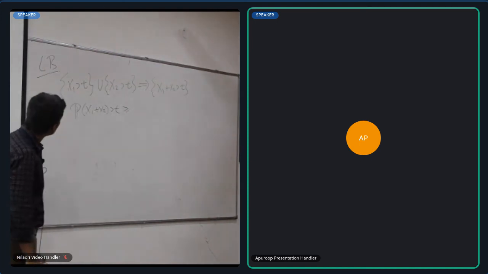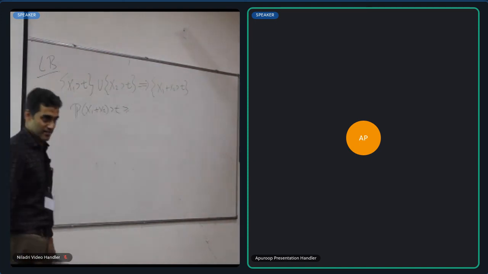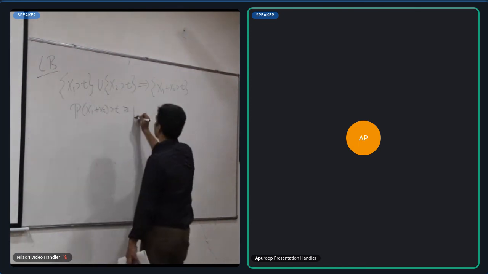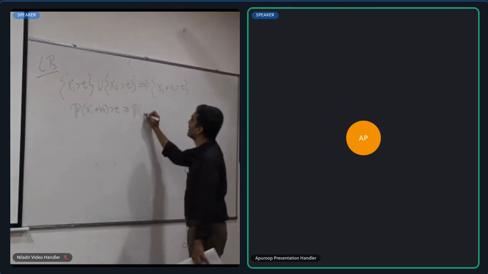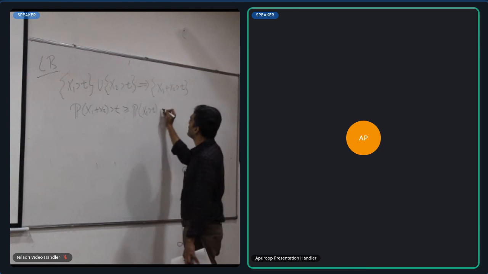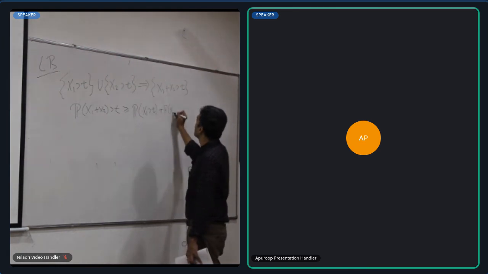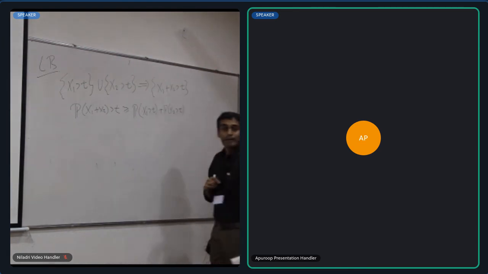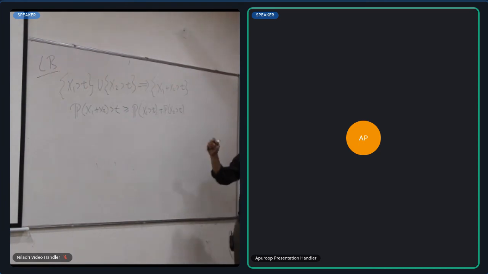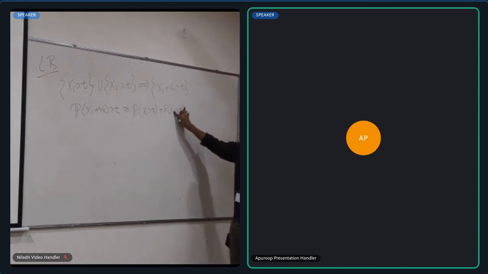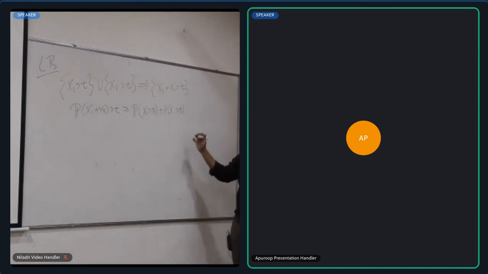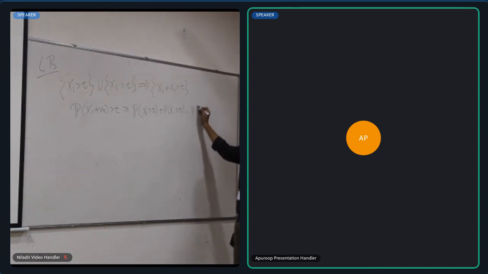That's now the union of two independent events, right? So therefore, I can apply our standard formula: probability x1 greater than t plus probability x2 greater than t minus the probability of the intersection of those two. But mind you, this is all IID, so this is 2 times probability x1 greater than t minus probability x1 greater than t the whole square.